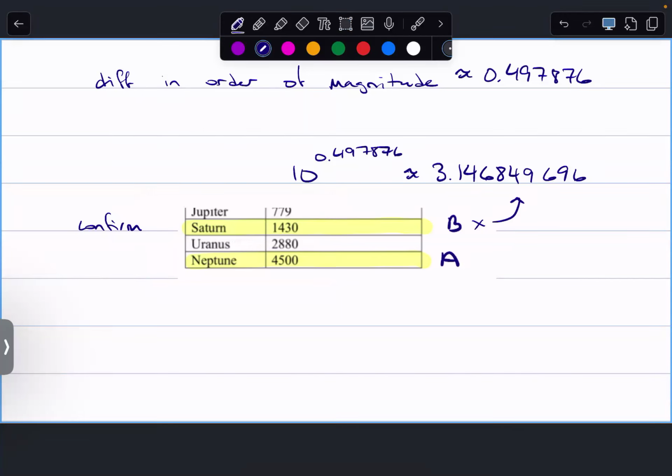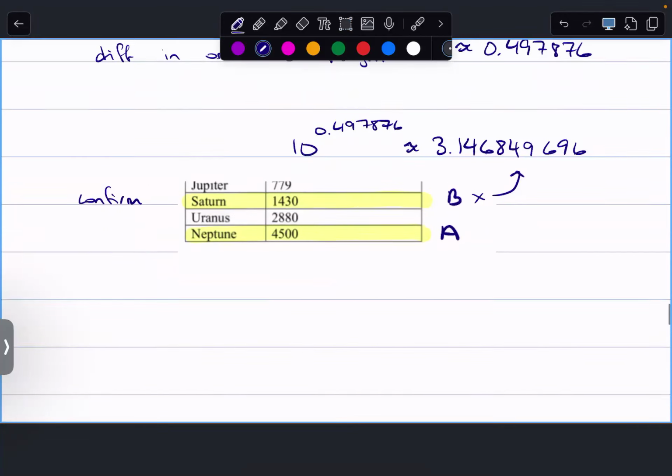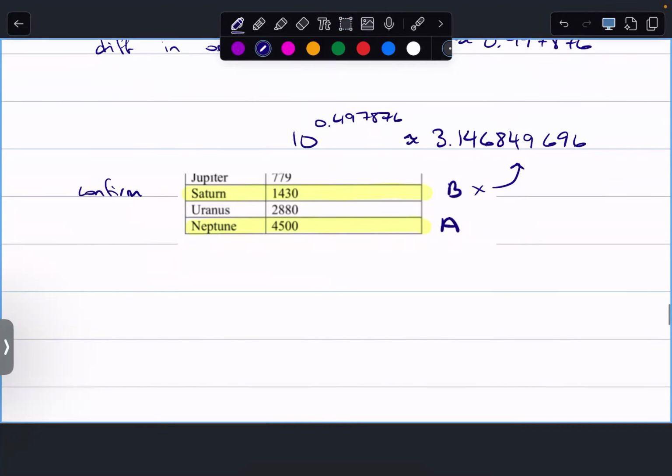So times 1430 is 4499.995065, which is basically A. So that's the relationship.